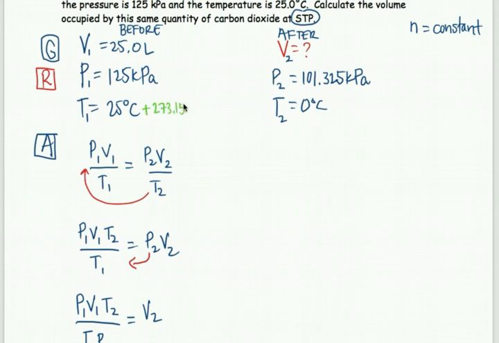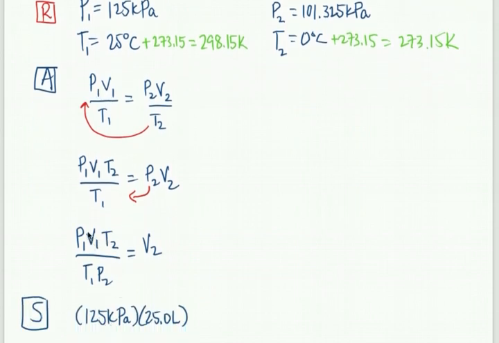Sorry, I should have got you to change this over right away before we start the problem. Just get in the habit of doing that right away and converting these over. If I add 273.15 here, I get 273.15 kelvins here.